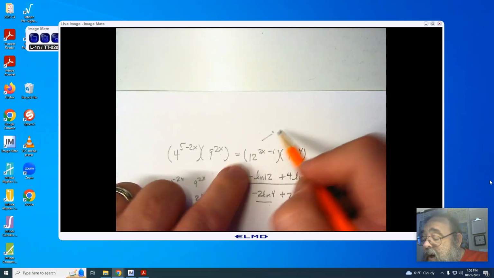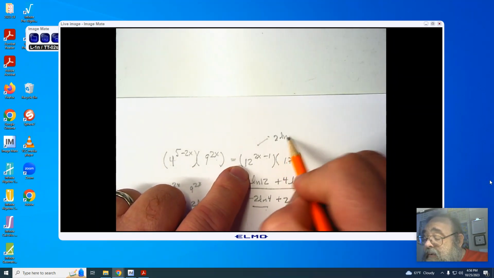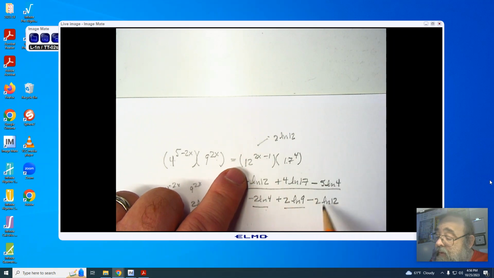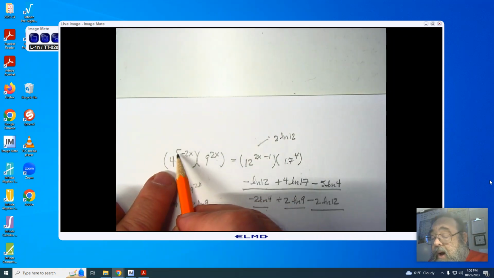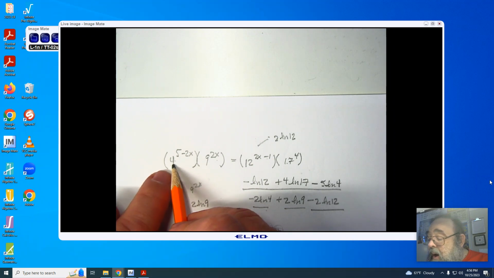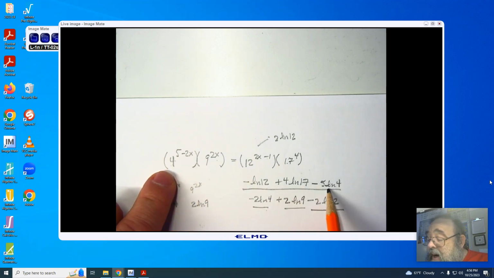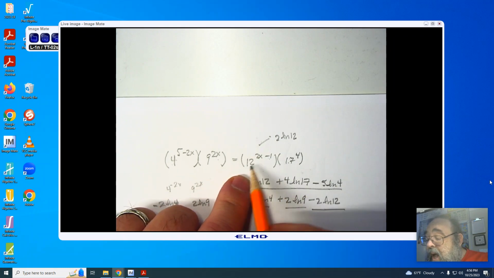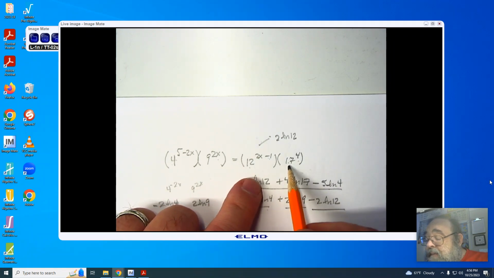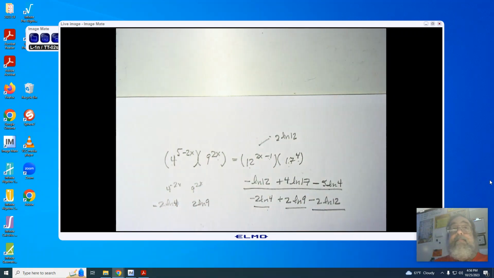This piece right here has to be 2 ln of 12, and when it moves over, it becomes a minus. This is a positive 5 ln of 4, and it's going to come over as a minus. This is already a minus 1 ln of 12 and a 4 ln of 17, and they're separated by a plus. So that's the idea of unwinding.